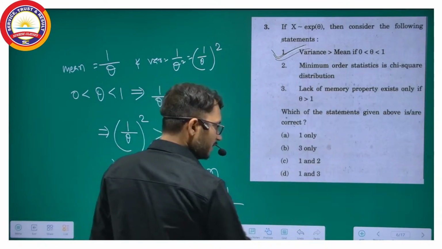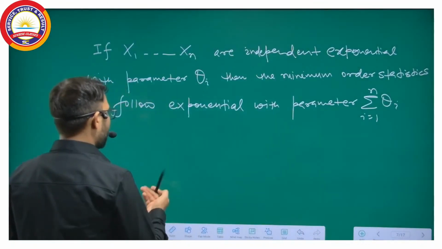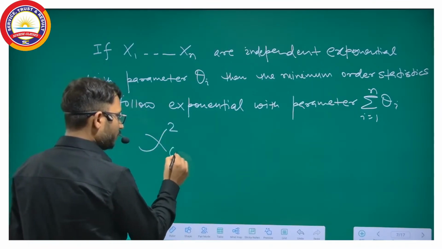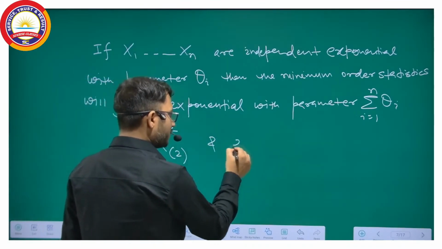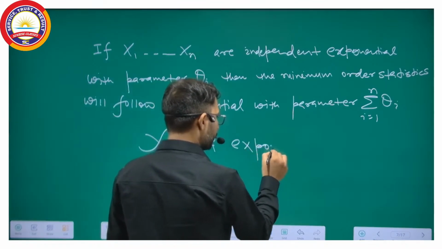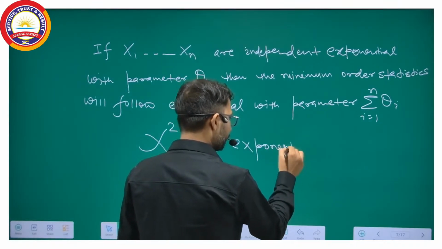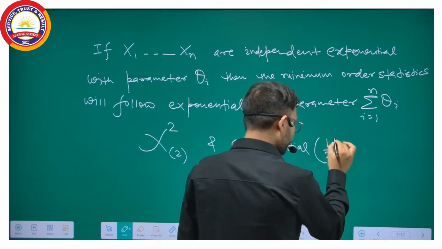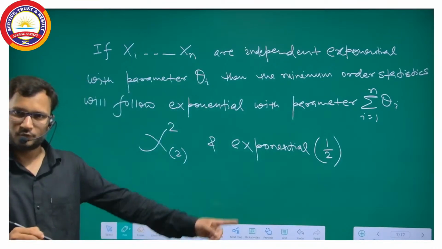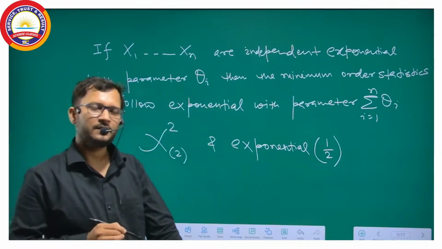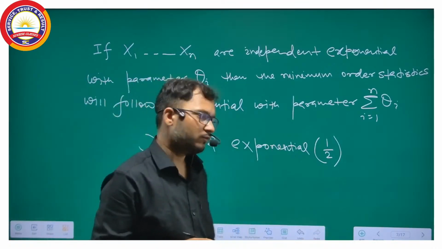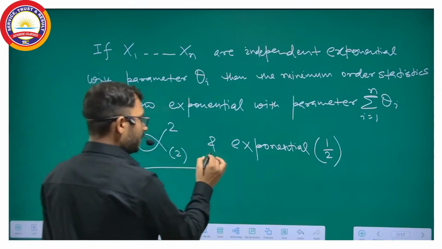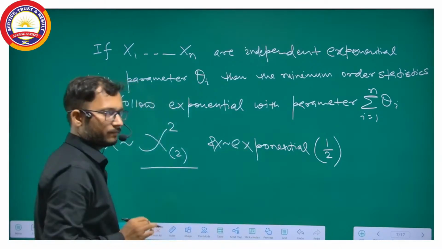So you may have seen it. Let me tell you, chi-square with 2 degrees of freedom and exponential with 1 by 2 as its parameter. So 1 by 2 as its parameter does mean that 2 will be its mean value. Both are the same. So if you say X follows this, then obviously X will follow this as well at the same time.